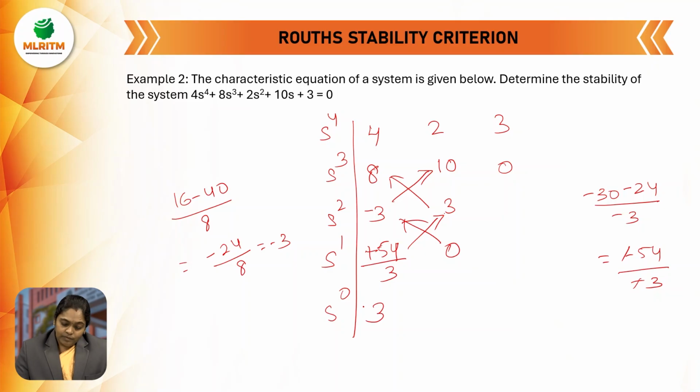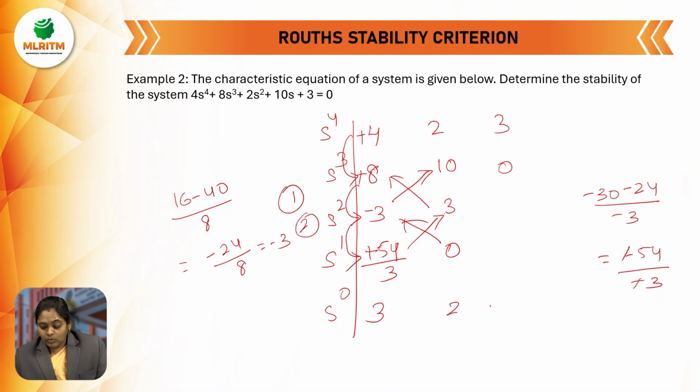So 3. So if you observe here, this is plus, plus, minus, plus, plus. Plus to plus, plus to minus. So 1 change. Minus to plus, second change. So as there are 2 sign changes, that itself indicates 2 roots are on the right side.